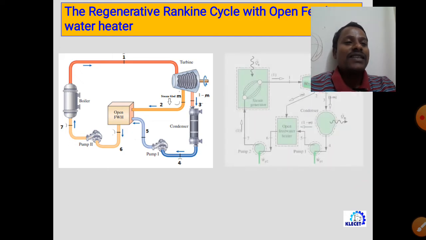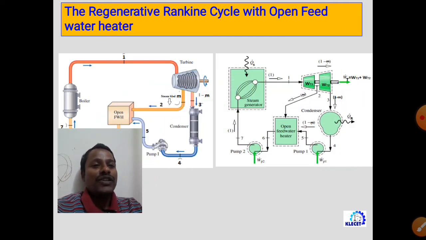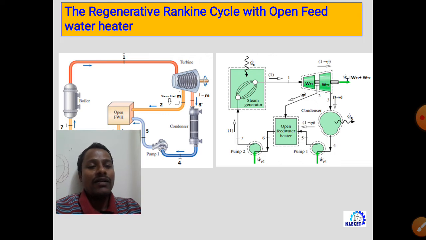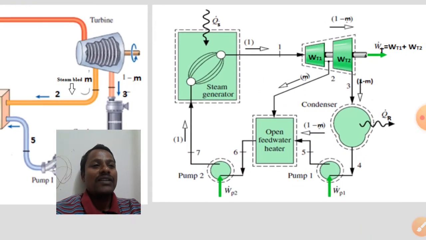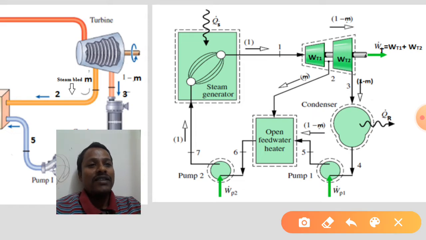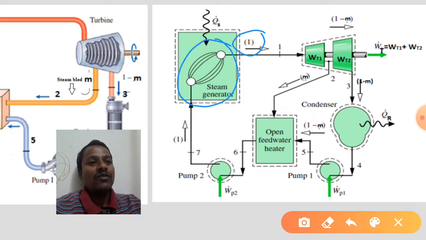Next we will see a line diagram which can be used for representing the same cycle. So this is the line diagram that we can see on the screen. Here this is the boiler, state 1 it is coming out. From 1 to 2 it undergoes expansion in stage 1.